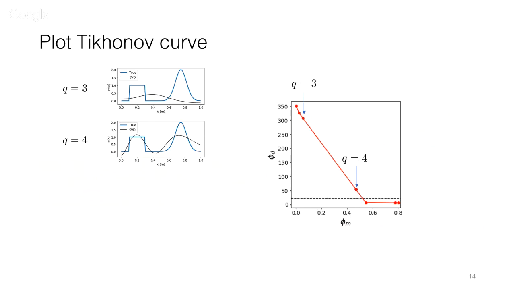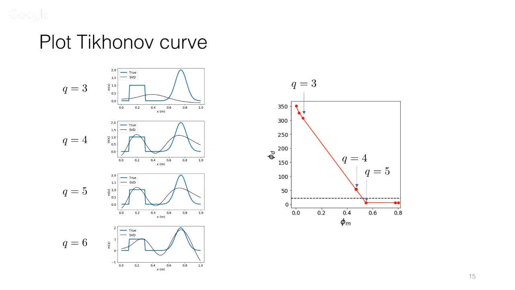When Q is equal to 5, we're better than the misfit, we're here, and then Q equal to 6. It's kind of like changing the beta type of thing, so we can understand where this blow up of the noise is coming from by including these singular vectors.